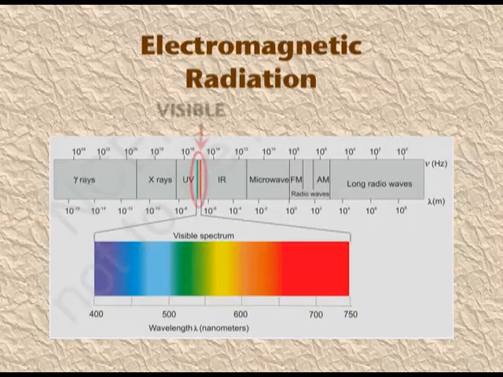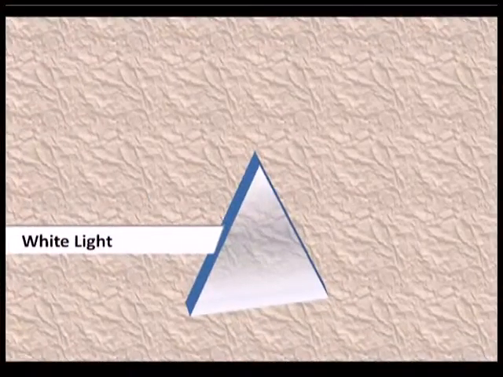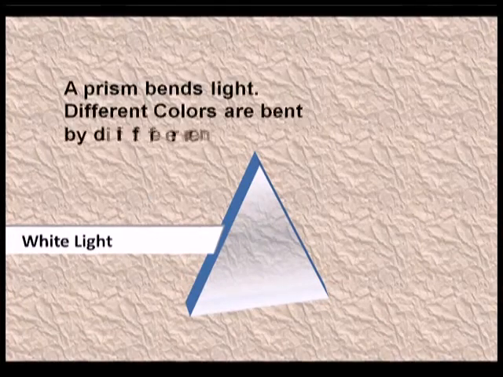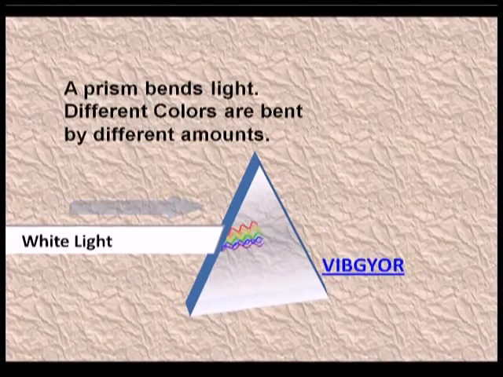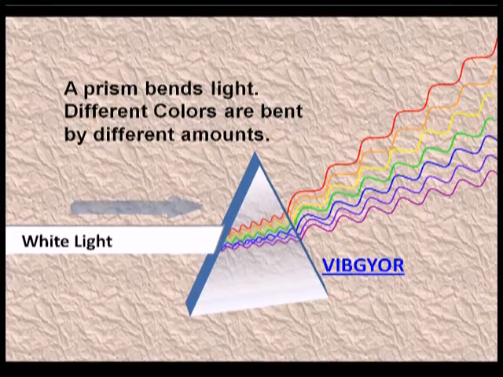You can see the very small portion in the electromagnetic radiation which is known as the visible region. And you can also see the spectrum of the visible region. When white light is passed through a prism, it disperses into 7 colors, that is VIBGYOR.